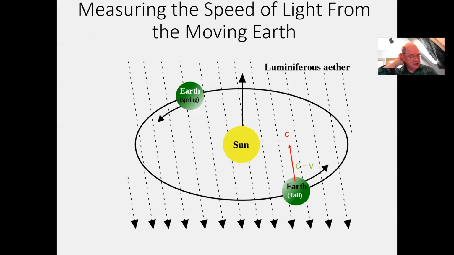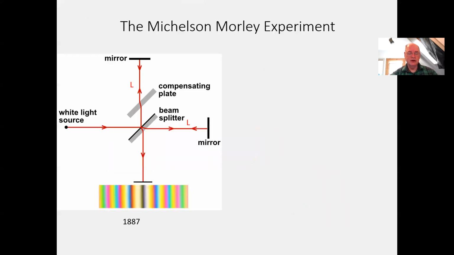And the team that set up the apparatus in great detail, and did it more than once over a number of years, is the famous duo of Michelson and Morley. And this is their apparatus. Here again, we have the earth, say, moving in this direction.